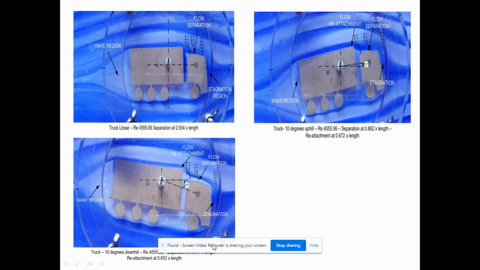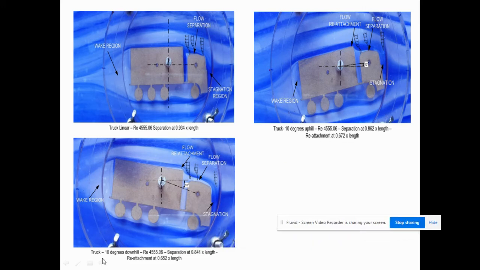And again here it is going to be at 10 degrees. You have negative 10 degrees in the downhill position, and you can see that flow separation happens even beyond it. So this is the understanding of how the flow field would look when the truck travels at 0 degree, and when it is traveling at 10 degree uphill and 10 degree downhill.